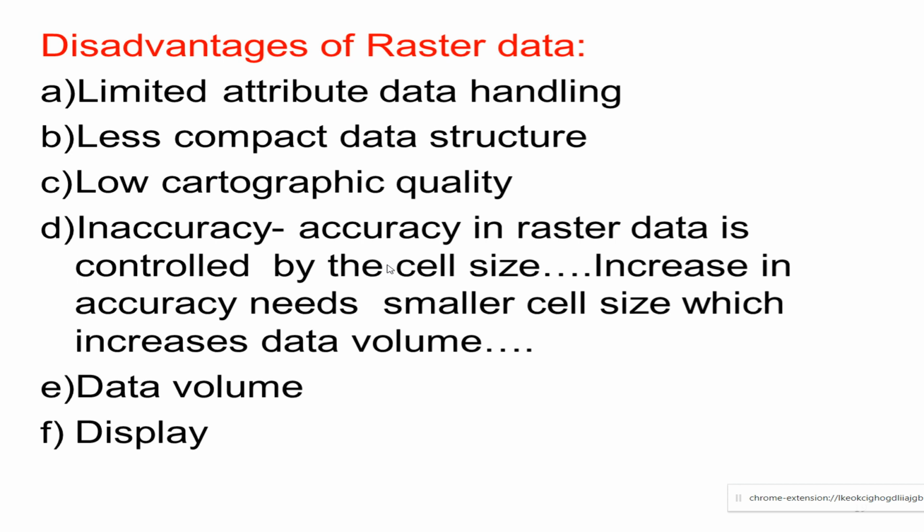Low cartographic quality: sometimes you'll get good maps, sometimes they are blurred because of cloud, because all the raster images are mostly satellite images or sensor-based or captured images, and they all have their own quality.